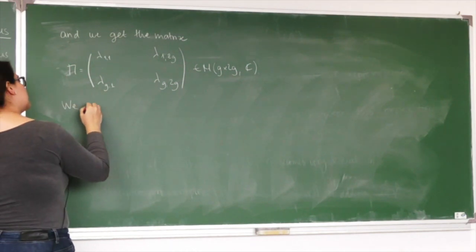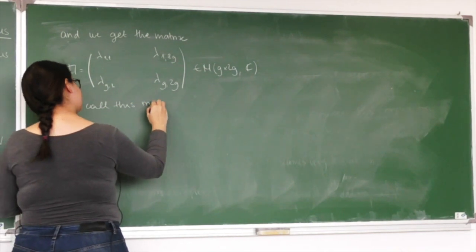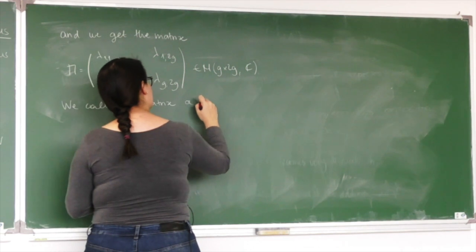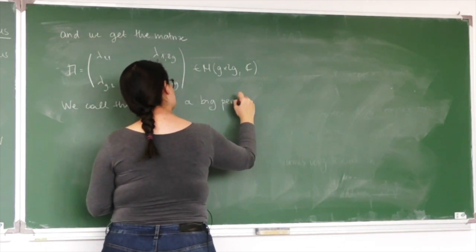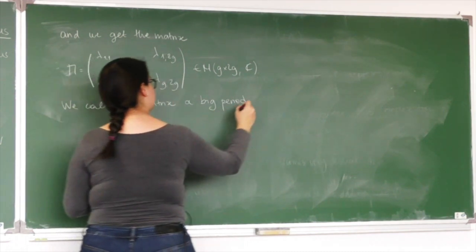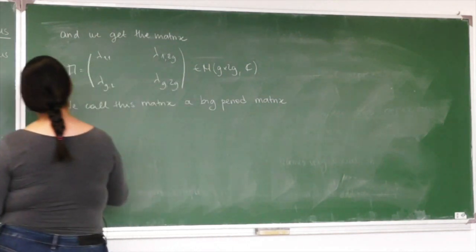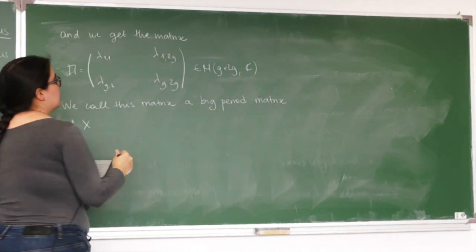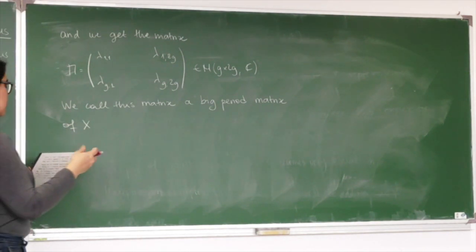We call this matrix a big period matrix of X, and it is clear that it depends on our choice of basis originally.